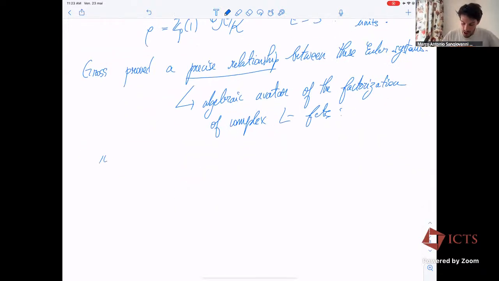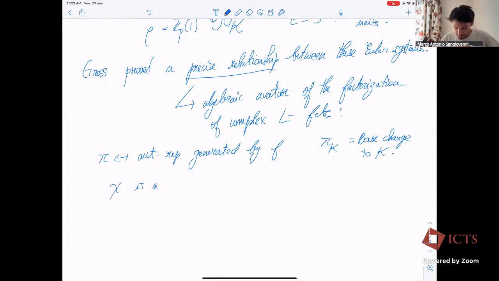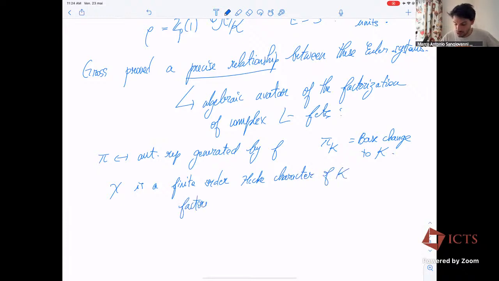So if pi is the automorphic representation generated by f, pi_K is its base change to K, and let's say chi is a finite order Hecke character of K factoring through the norm, so really coming from Q.